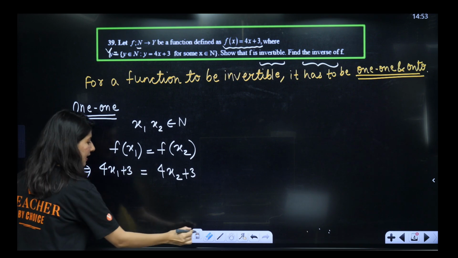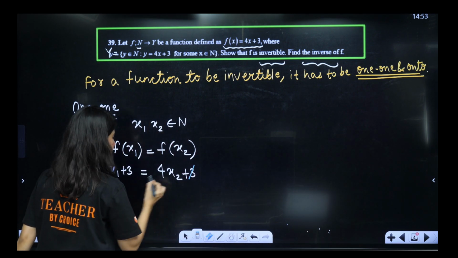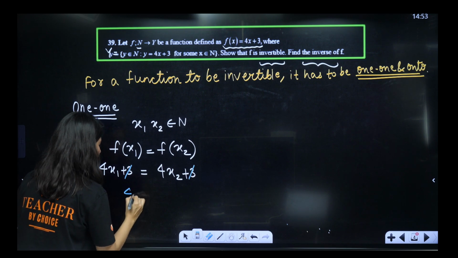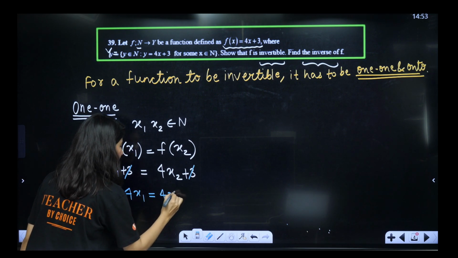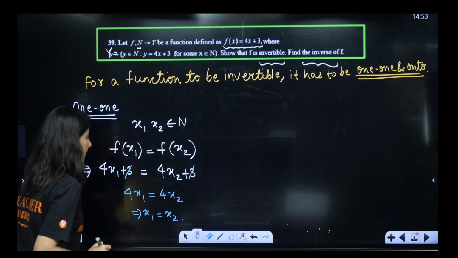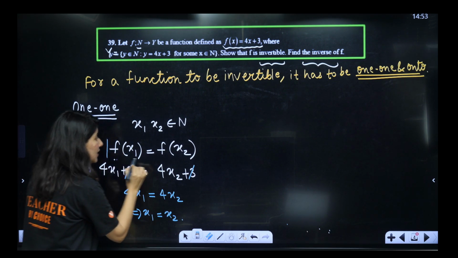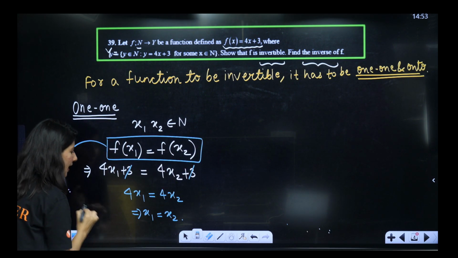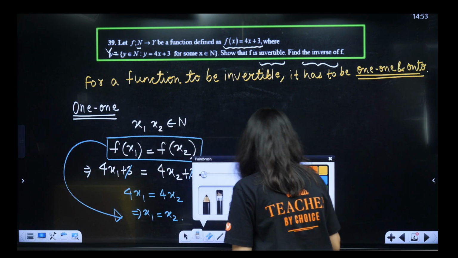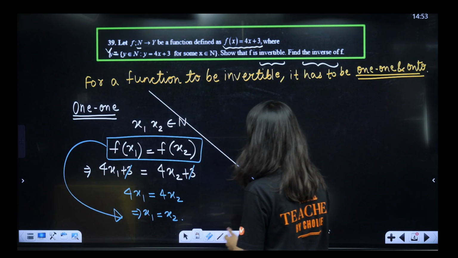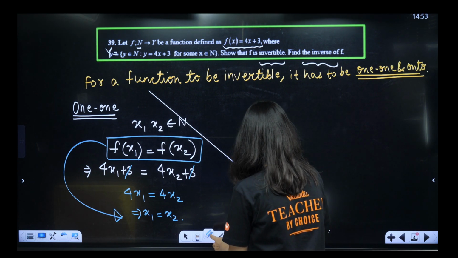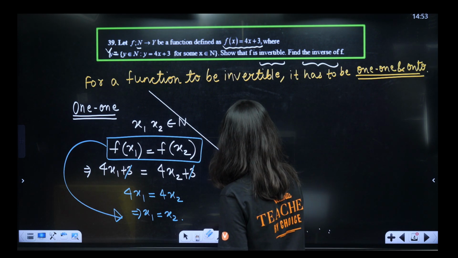If I solve it, the 3 cancels, then 4x1 equals 4x2, which implies x1 equals x2. That means f(x1) equals f(x2) implies x1 equals x2. Therefore, hence, oh, what has happened? Hold on, this I did not write.